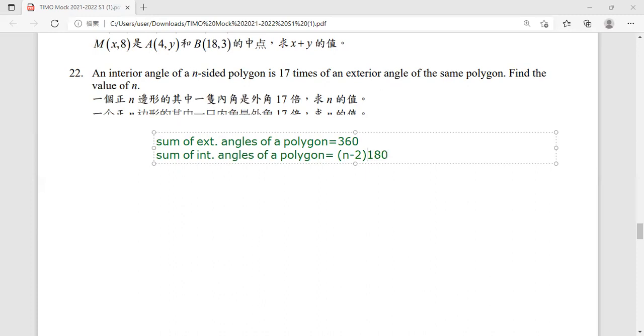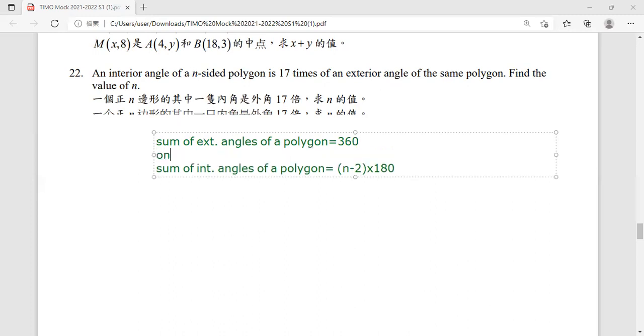So if I have a regular n-side polygon, one exterior angle of the n-side polygon will be equal to 360 over n.